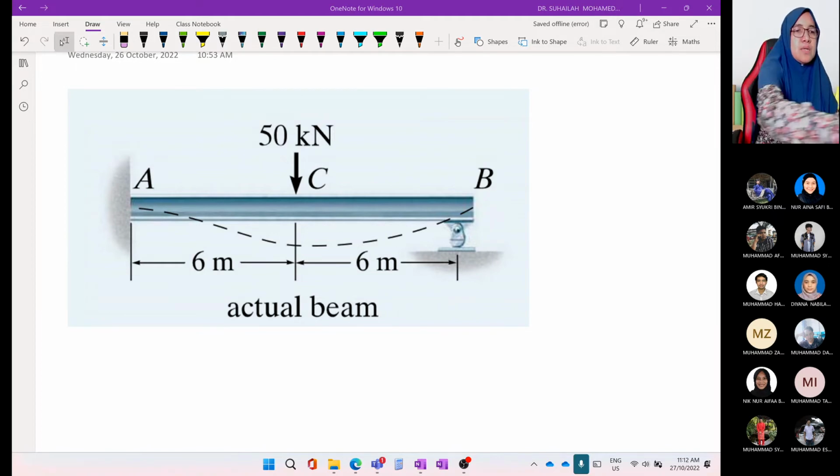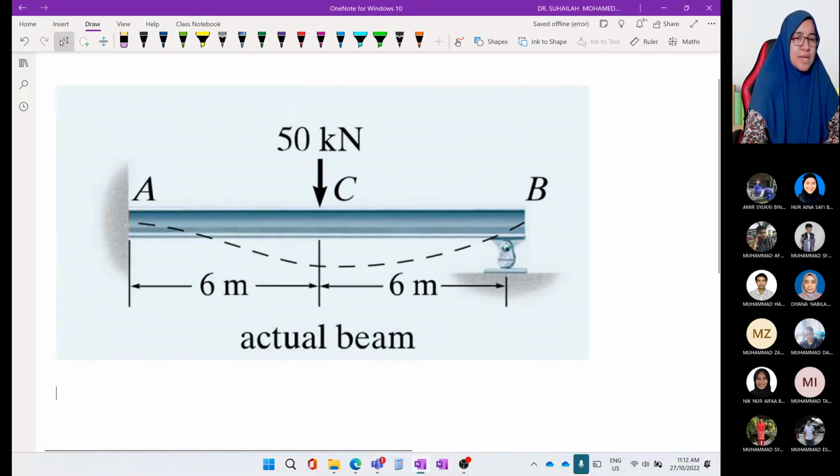Remember, the final goal in analyzing an indeterminate structure is to analyze the reactions. Since there are more than 3 unknown reactions, and we know that only 3 can be solved using equilibrium equations, we have to have another equation to solve for the unknowns.